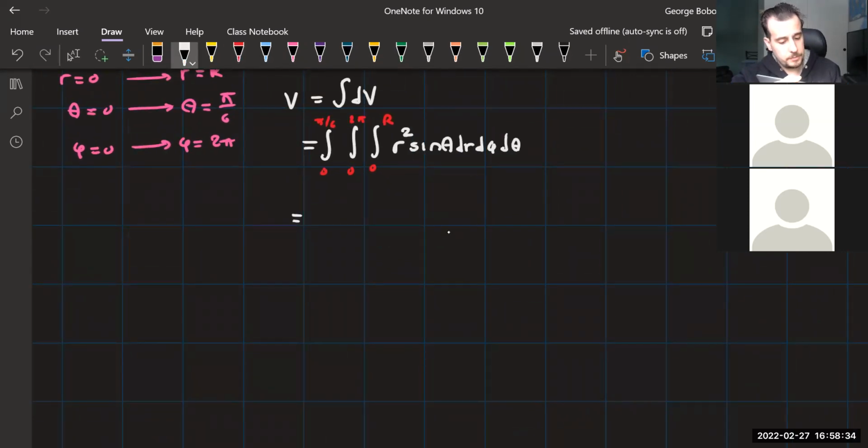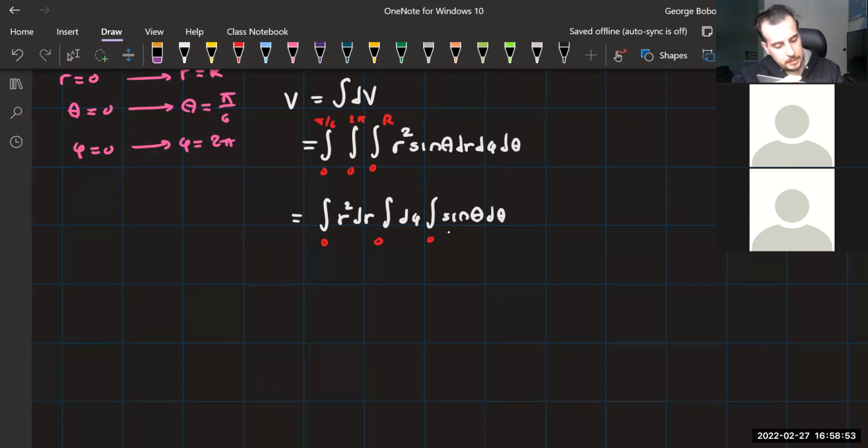You can split these apart if you so desire, because they don't have any variable dependencies. And solve. That's all that remains here. So a very easy integral to do right now.